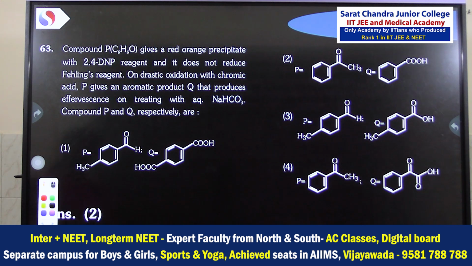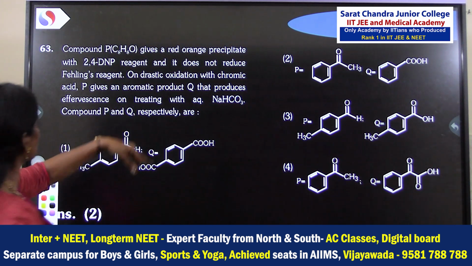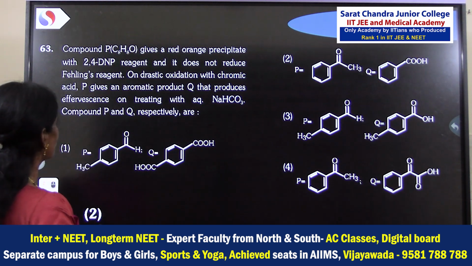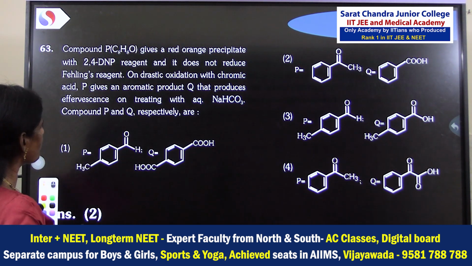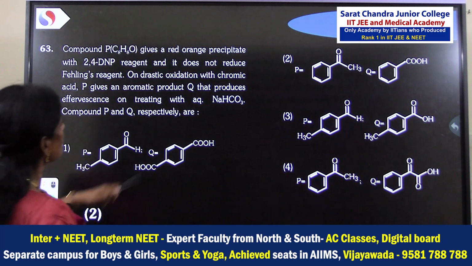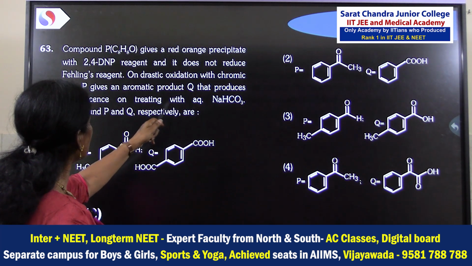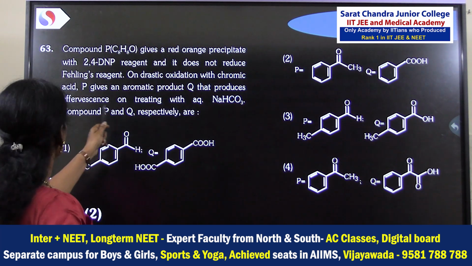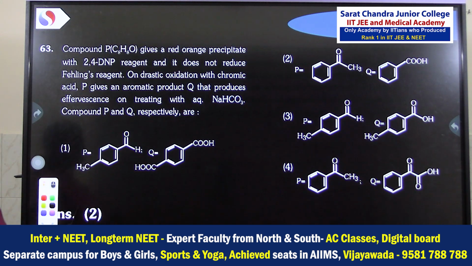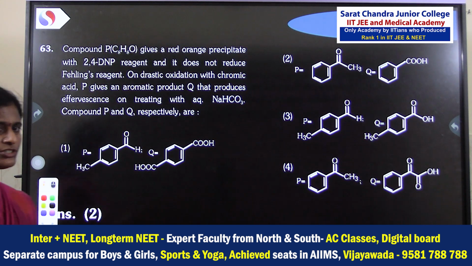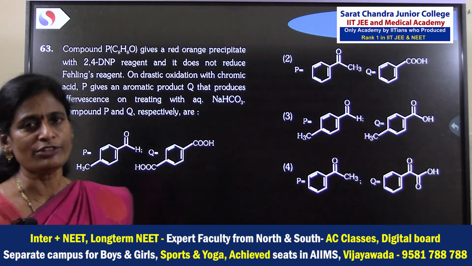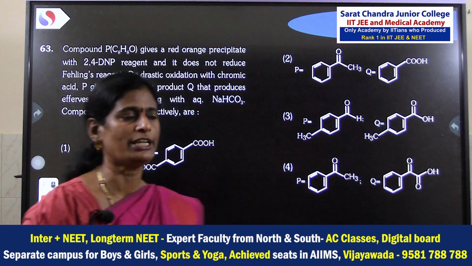Next we will go to the aromatic product Q. It was mentioned that compound Q produces effervescence with aqueous sodium bicarbonate. Which organic compounds are able to produce effervescence with sodium bicarbonate?